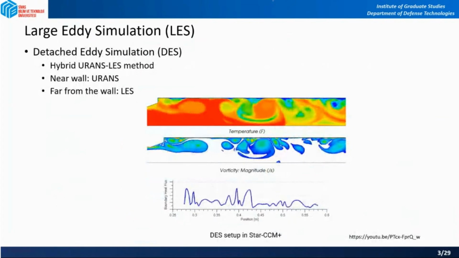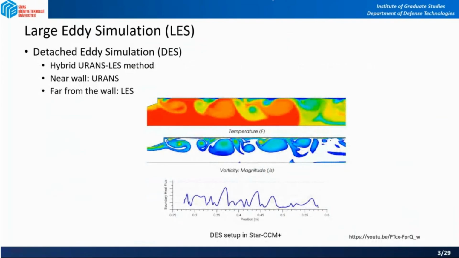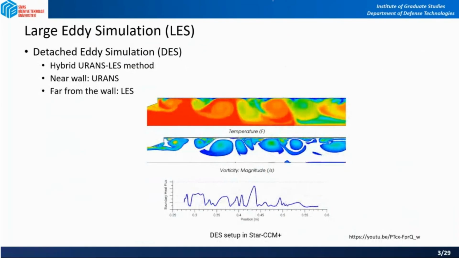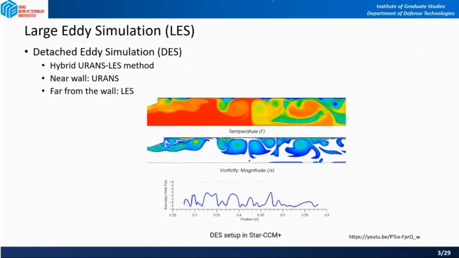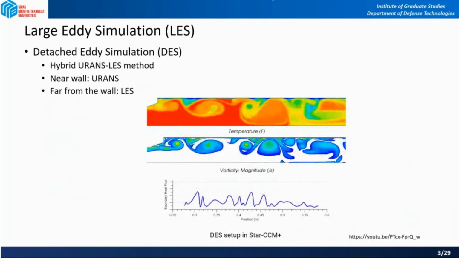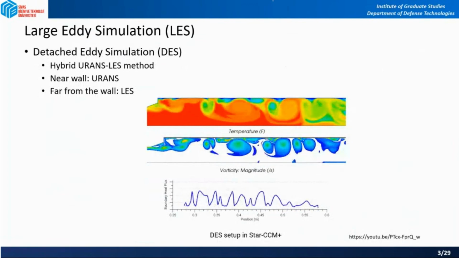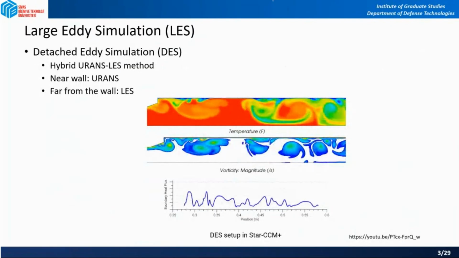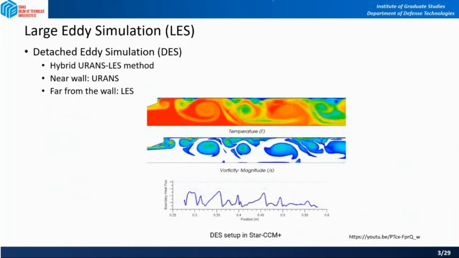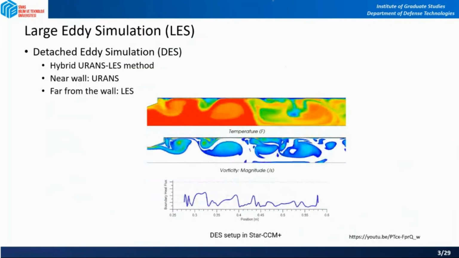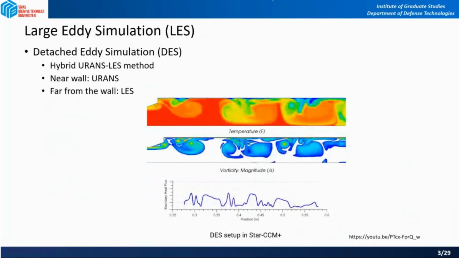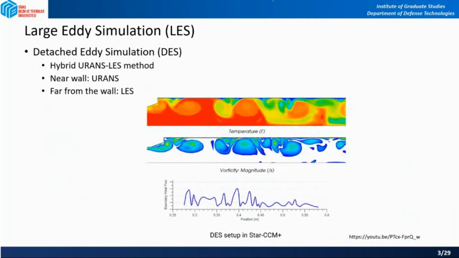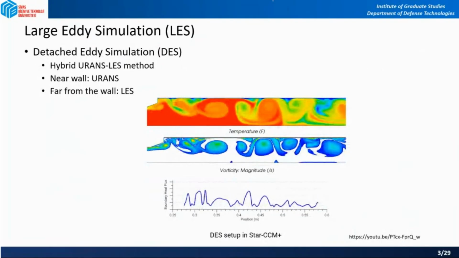So there are also different variants of LES, like detached eddy simulation, DES. And it's a kind of hybrid unsteady RANS and LES method, wherein close to the body, the solution is calculated using the unsteady RANS model, and far from the wall or far from the body, the LES equations will be solved.